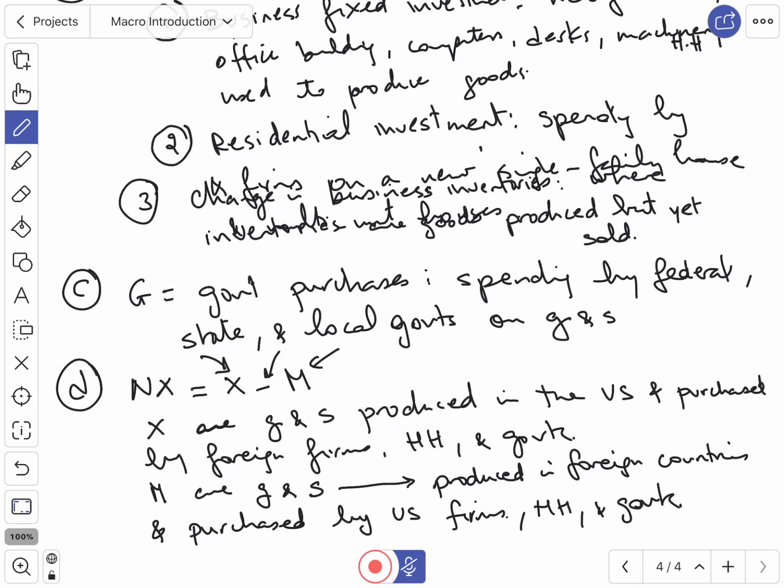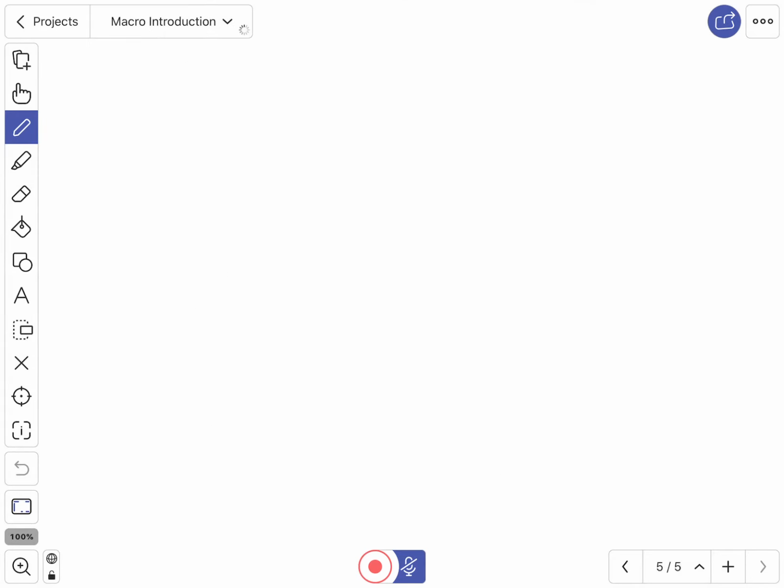Okay, so just make sure that these have to be excluded because they are not produced in the US. So this is how the GDP is computed, right?